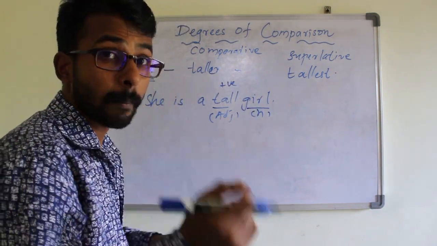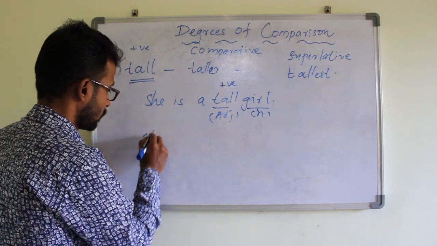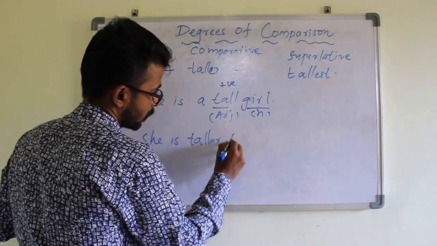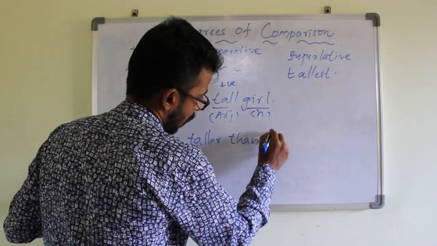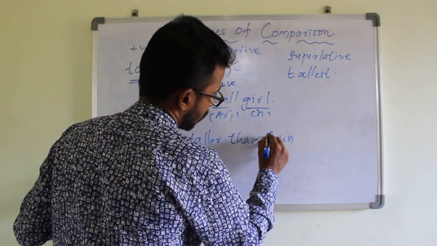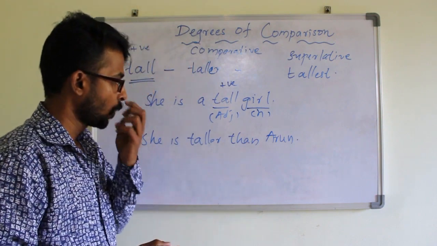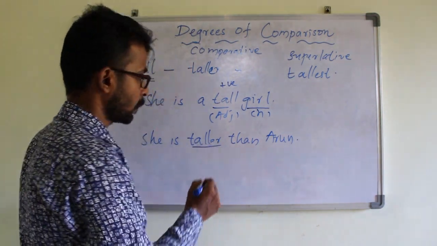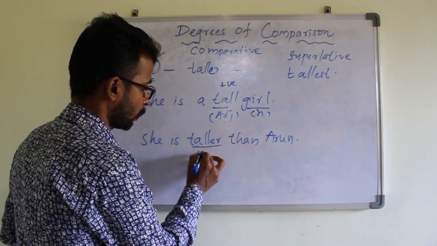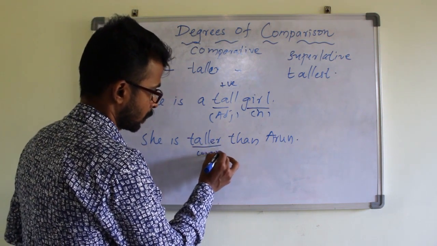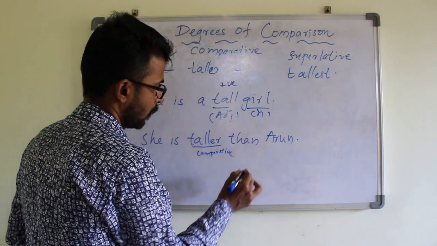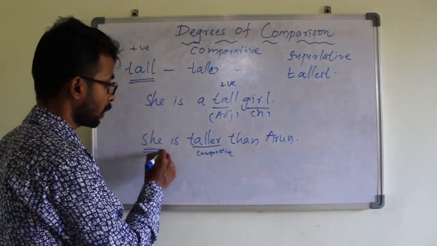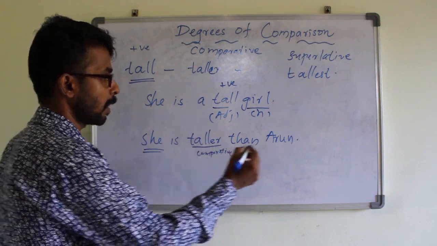Then what about comparative? She is taller than Arun. Okay, so here taller is the comparative form. Okay, so here we are comparing her height with Arun.